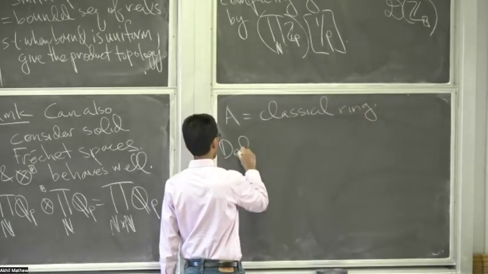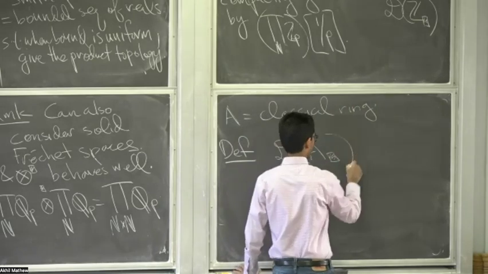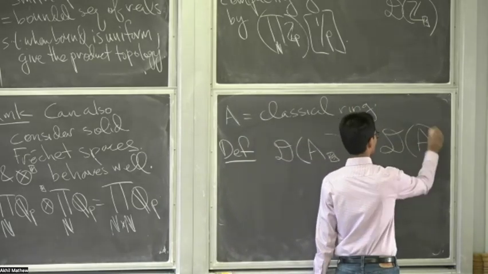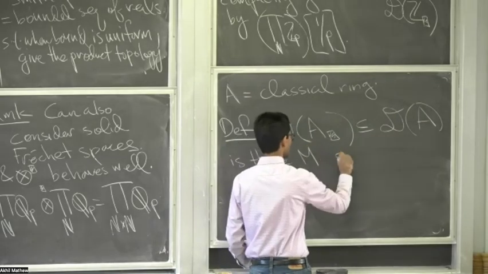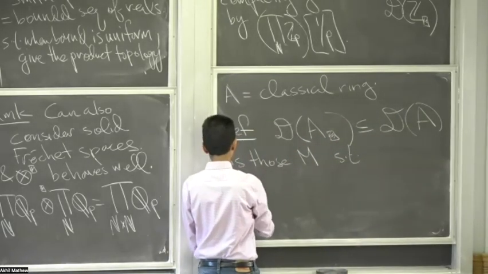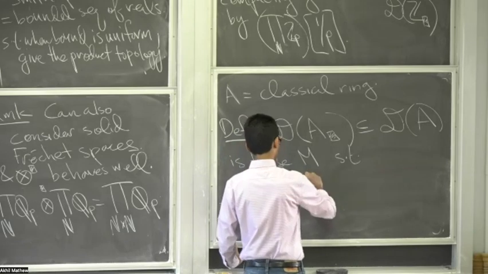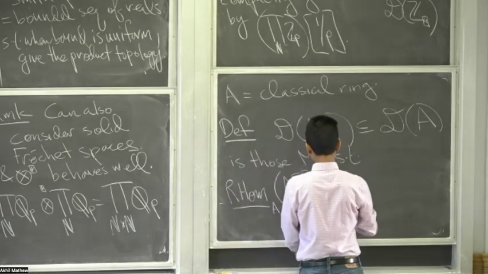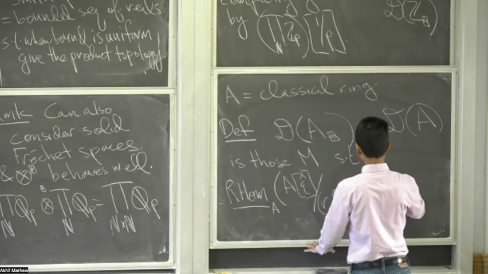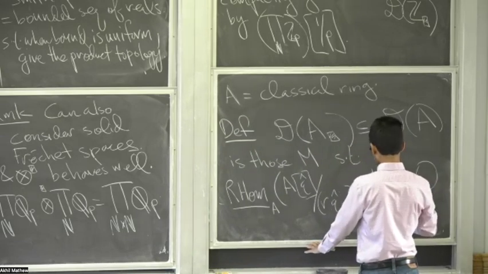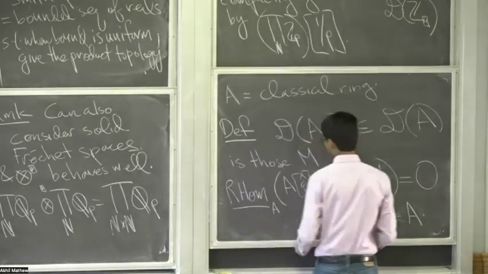Last time we had the definition: we have D(A) solid inside D(A), and these are the objects M such that you make a similar condition: the internal RHom over A of A[T]-hat, mod (T - r) times 1, to M is 0 for all r. So again, this defines an algebra.